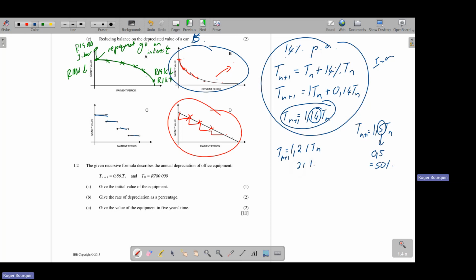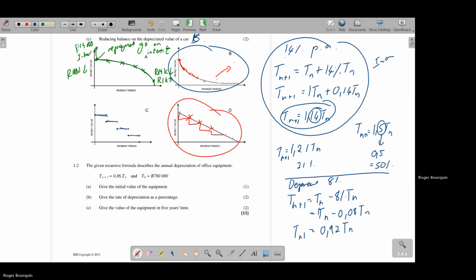But if it goes less than that, say we had a depreciation of 8%, reducing balance would be Tn plus 1 is equal to your original amount minus 8% of Tn, which is Tn minus 0.08 Tn, which is 1 minus 0.08, which would be 0.92 Tn.